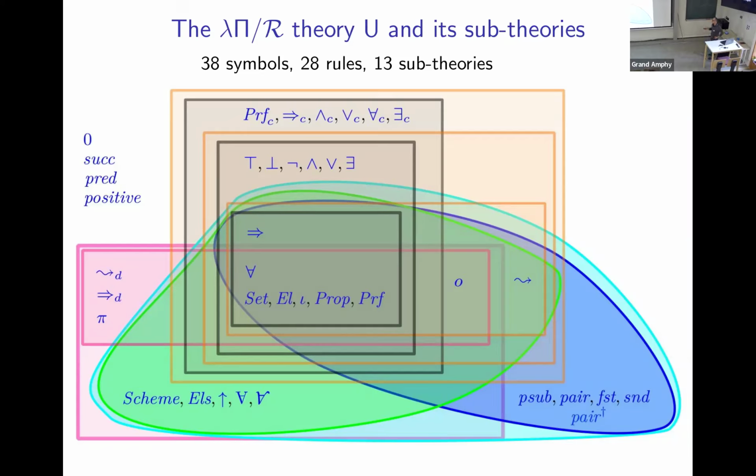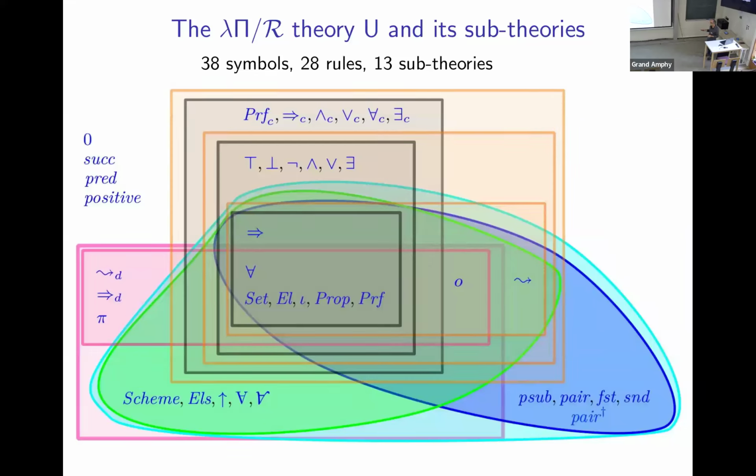And so you can split when you take the whole signature. Then you have many things, and you can encode calculus of constructions and so on. But you can split in small pieces.